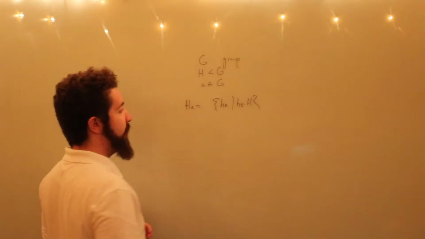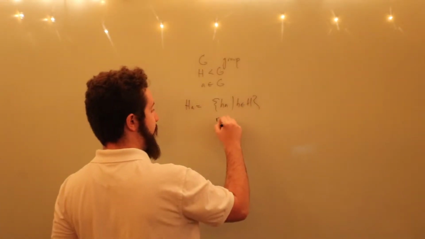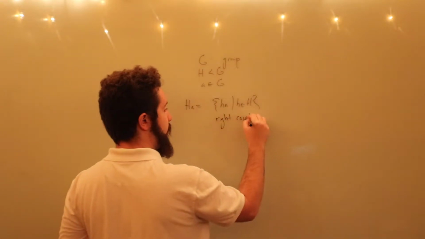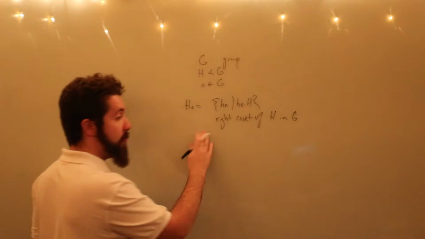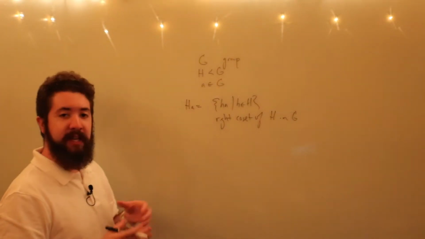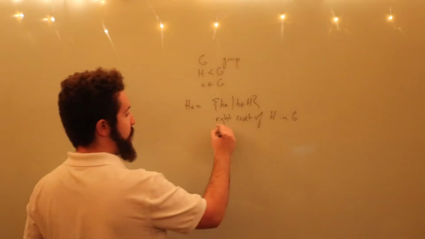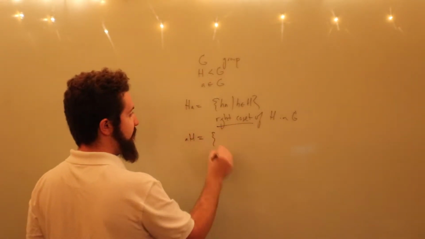This is going to be known as the right coset. So the right coset of H in G, or a right coset, right? Because we could let this element A vary and we might get a different set. So we'll call that a right coset, and then we'll call a left coset basically the opposite.